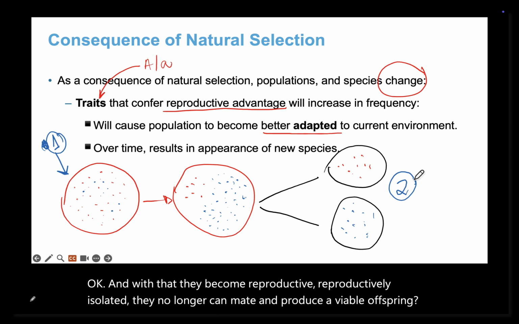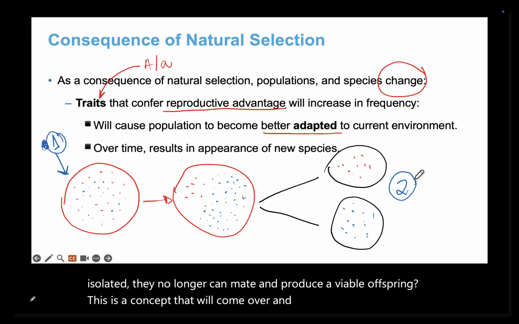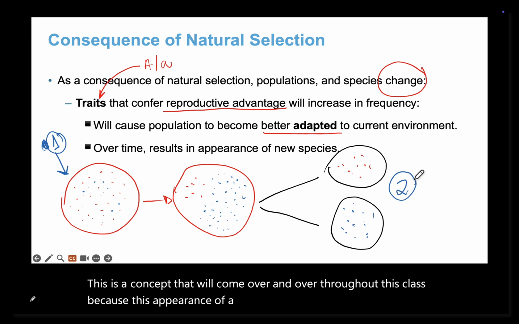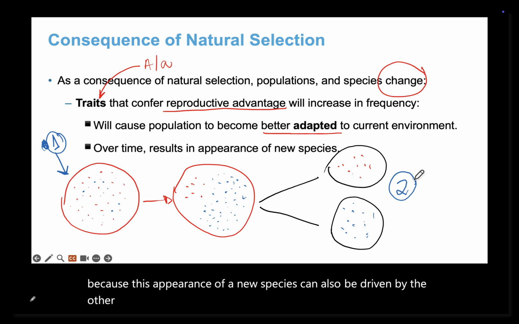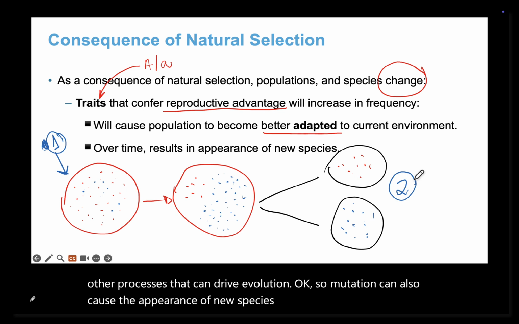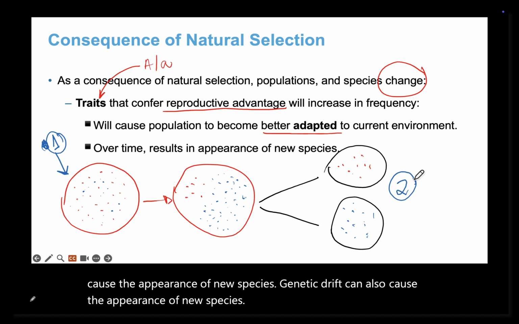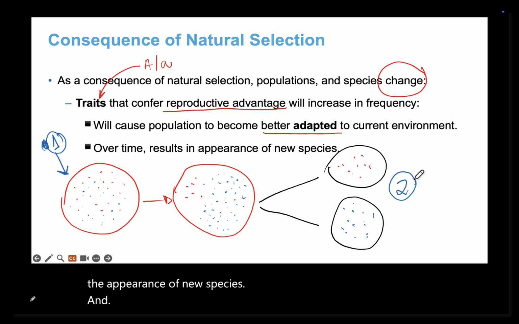This is a concept that will come over and over throughout this class, because this appearance of a new species can also be driven by the other processes that can drive evolution. Okay, so mutation can also cause the appearance of new species. Genetic drift can also cause the appearance of new species, and other evolutionary mechanisms can cause the appearance of new species.